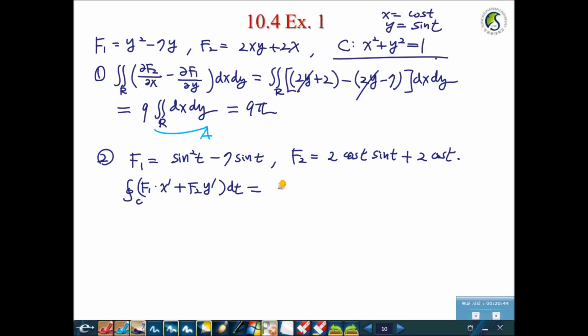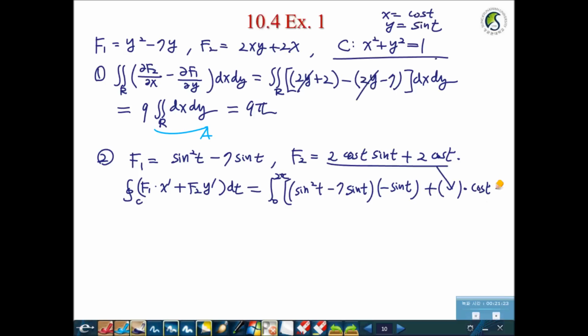It is from 0 to 2 pi, because t is a full circle. And you plug this in: sine square t minus 7 sine t, times x prime, which is minus sine t, plus f2 is this here, times y prime, which is cosine t, and dt.